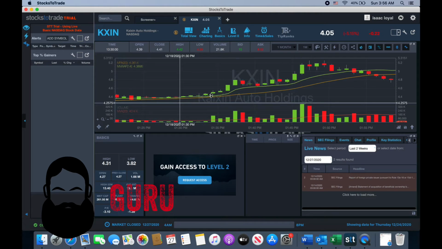I was a little skeptical about entering on this first one, this second one, third one, etc. Even though it's over my 20-day moving average and my moving VWAP, and the volume looks good, I was really skeptical just because these candlesticks are really small. So I was waiting for more of a breakout, this gap up. I got in at around, let's say, 455.